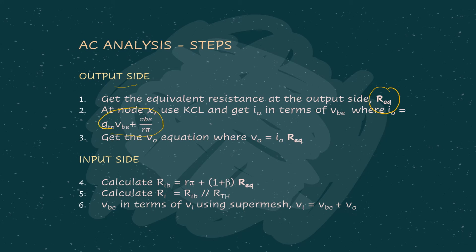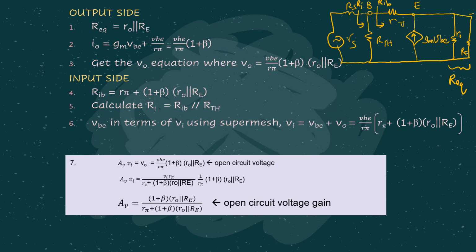Then from there obviously we can get the V0 equation. Then later we proceed to the input side, because we want to relate RIB to the RI, and for that we need to get the expression of VBE in terms of VI, but this time we are using super mesh. Now let's have a look in detail at the steps that we need to consider.